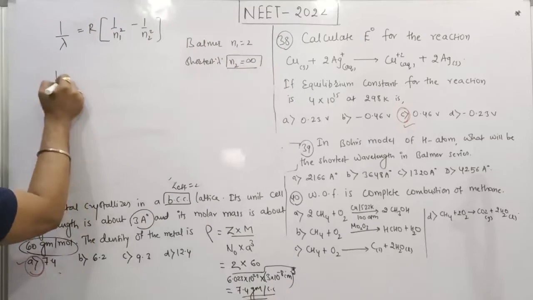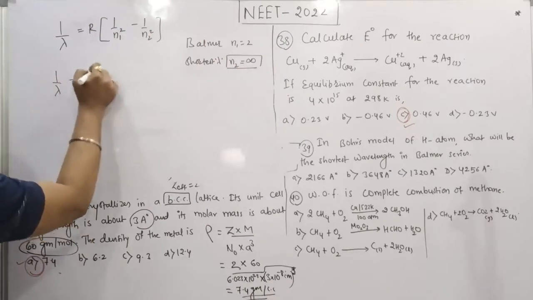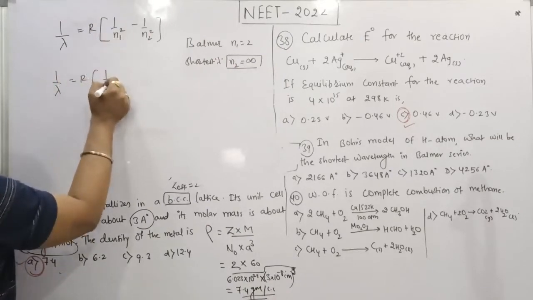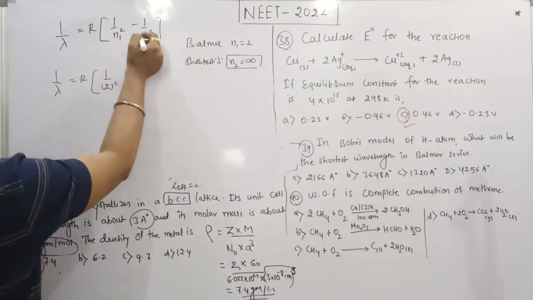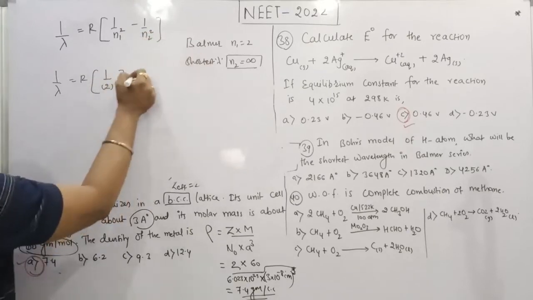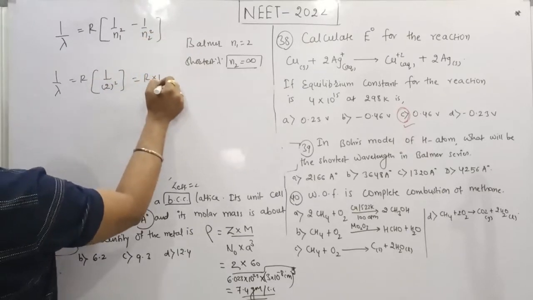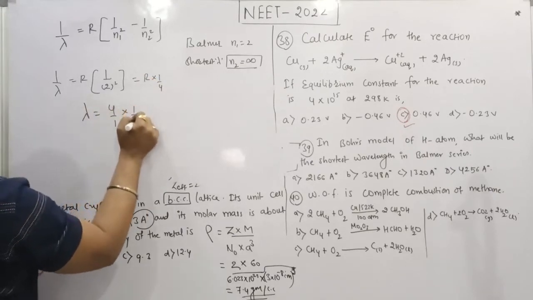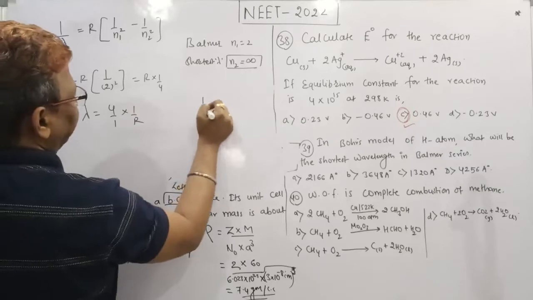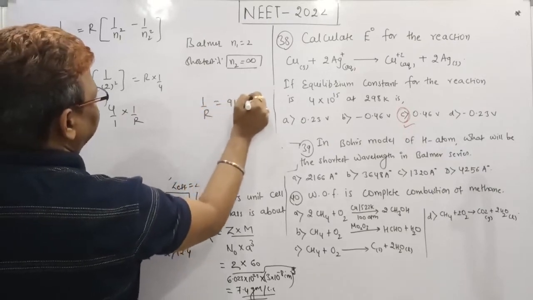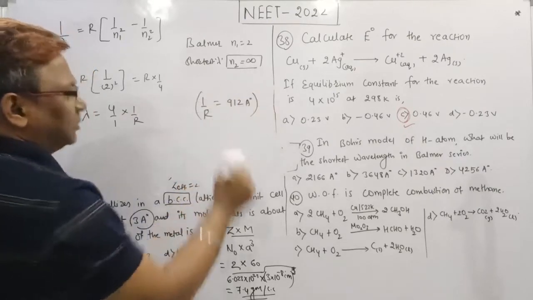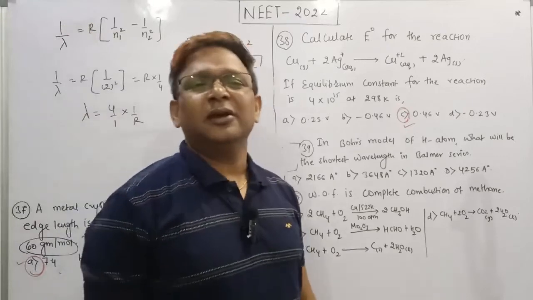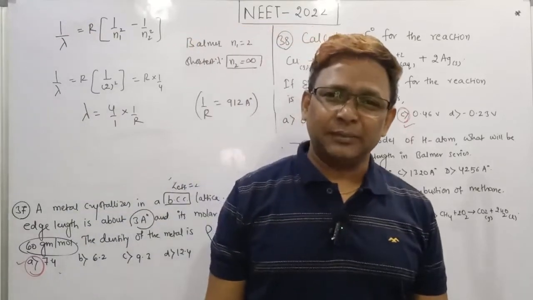Then we can say 1 by wavelength equal to R into 1 by n1 square, which becomes 2 square; n2 is infinity, so it becomes R into 1 by 4. So wavelength equal to 4 by 1 into 1 by R. Remember, 1 by R value is 912 Armstrong, because R is the Rydberg constant, 109677 centimeter inverse.